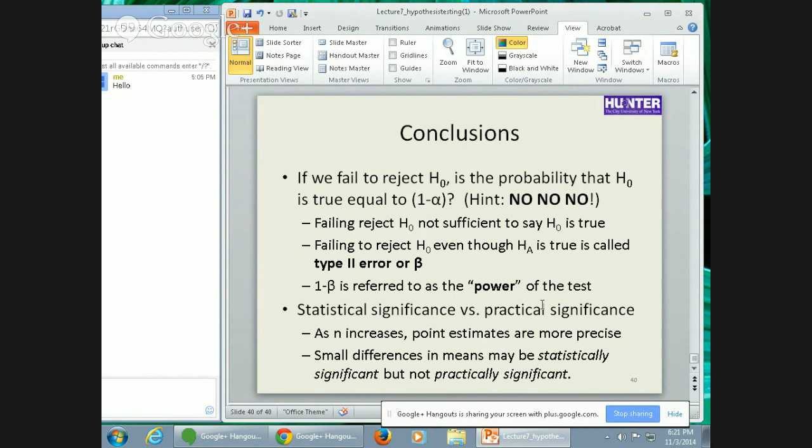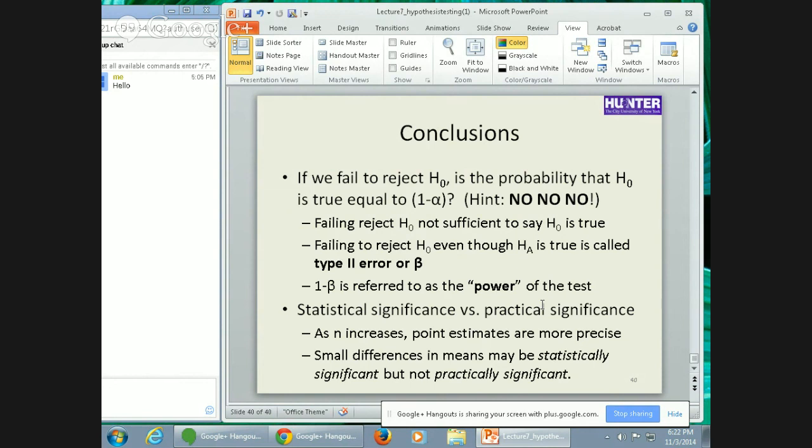Nope. If you do reject the null, the probability that the null hypothesis is false is 1 minus alpha.